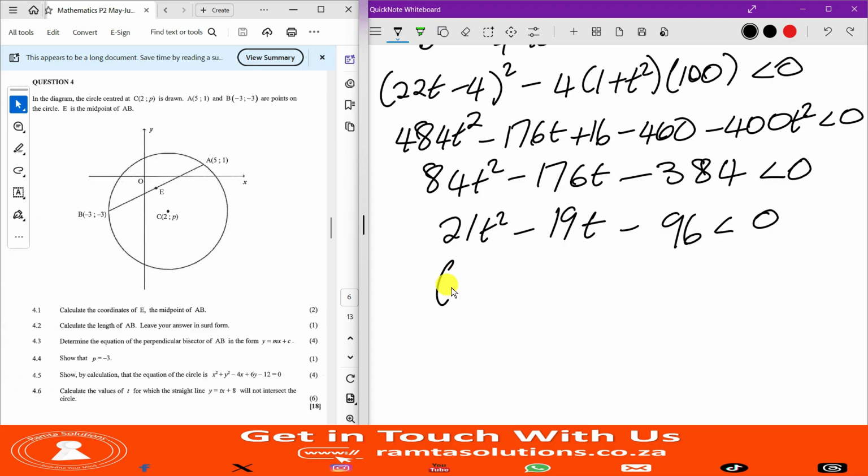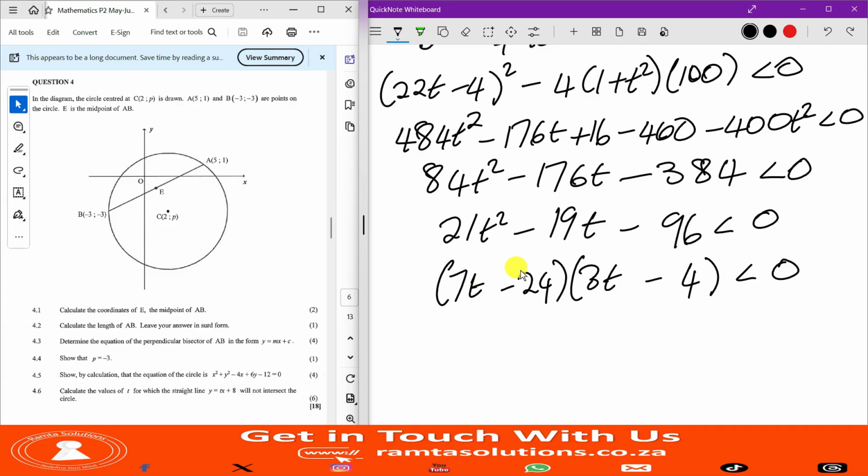So this will be (7t minus 24)(3t plus 4) less than 0. 96 is 24 times 4.